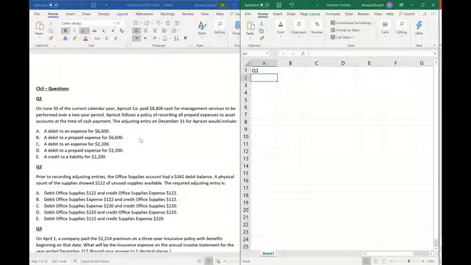If we follow the order of this transaction, when the company paid the 8,800 cash, it is recorded as prepaid expenses. So the debit side is recorded as prepaid management service, and the credit side is cash.